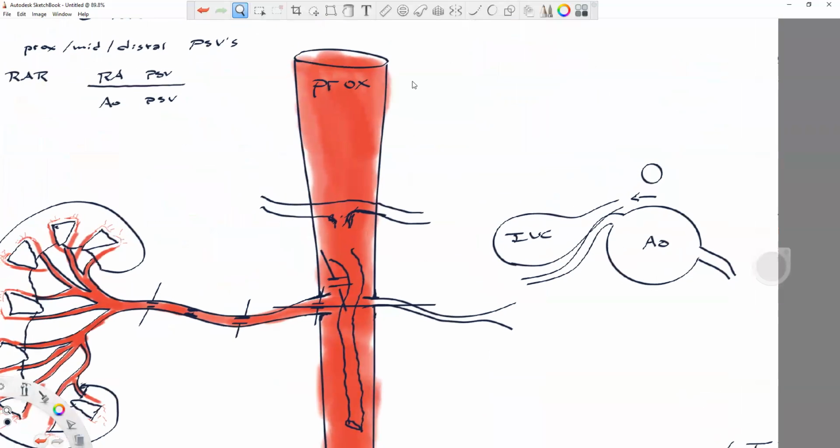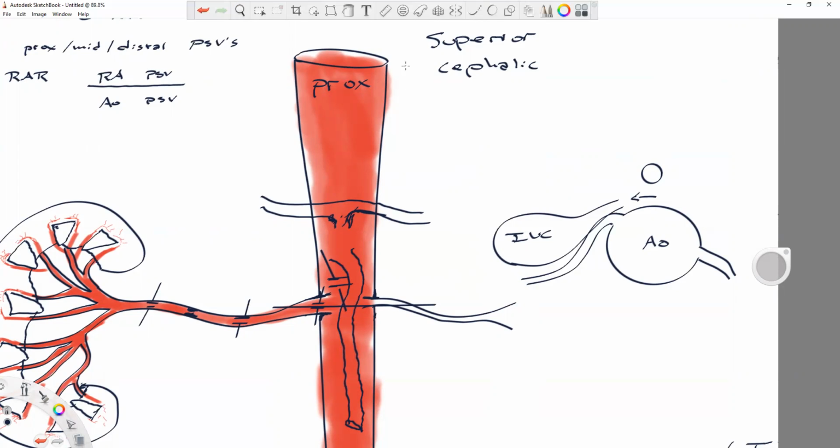Proximal. We could also say superior. We could say cephalic. When you say superior, you're always referring to something that's closer to the head.